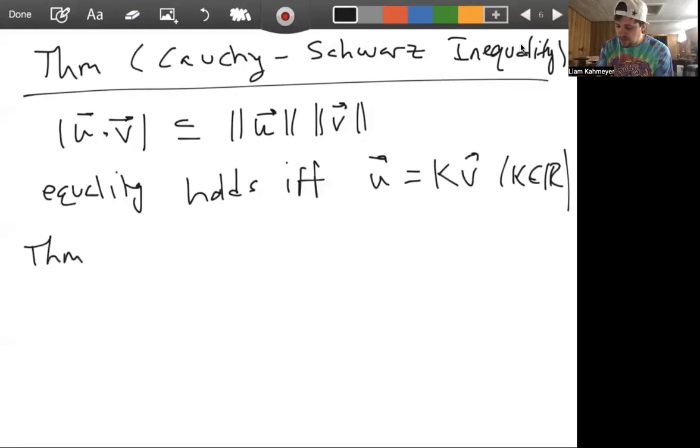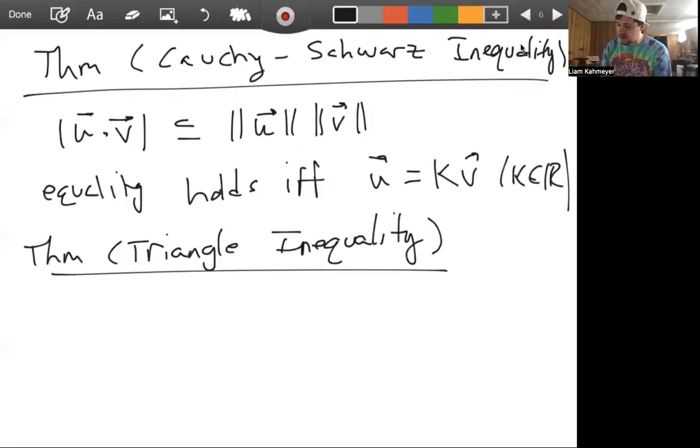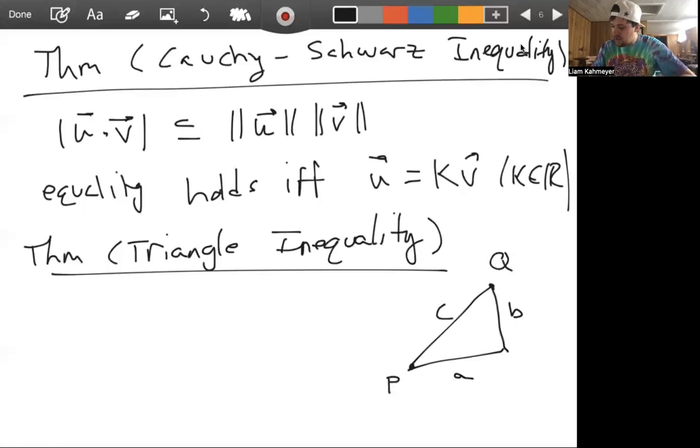We have another theorem that's very important called the triangle inequality. Let's look at what this says. Let's start with the triangle. And let's say we have side lengths A, B, and C. And we want to get from point P to point Q in two paths along this triangle.